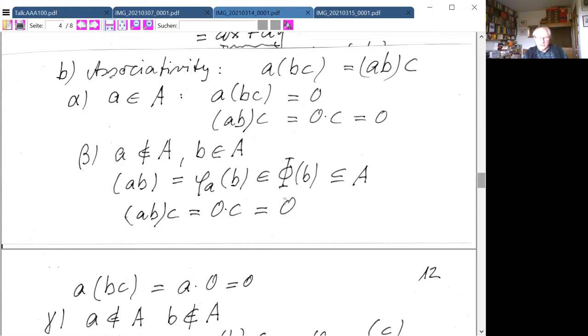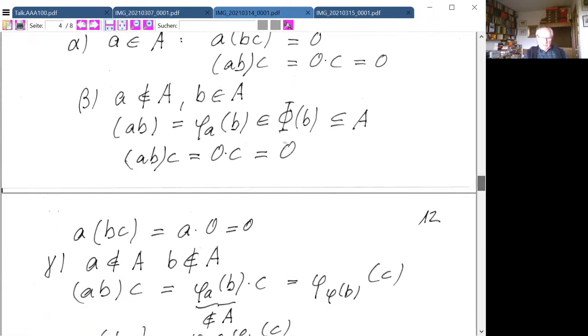In this case, we should argue that we defined left multiplication by 0 as 0. Then the second case: a is not in A, but b is in A. Then we have ab is φ_a(b).